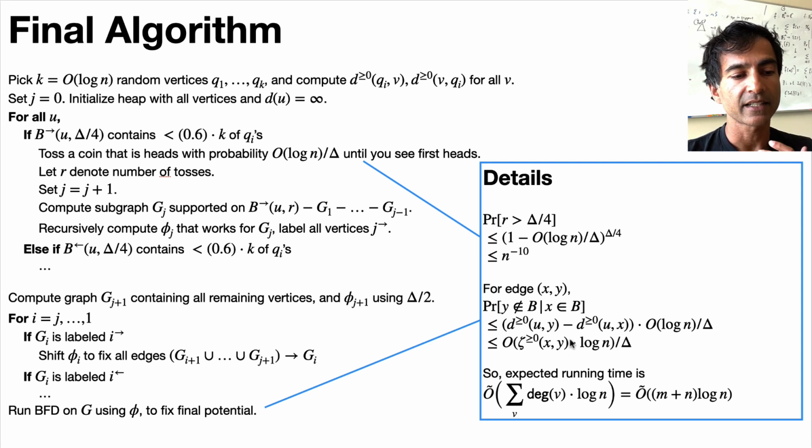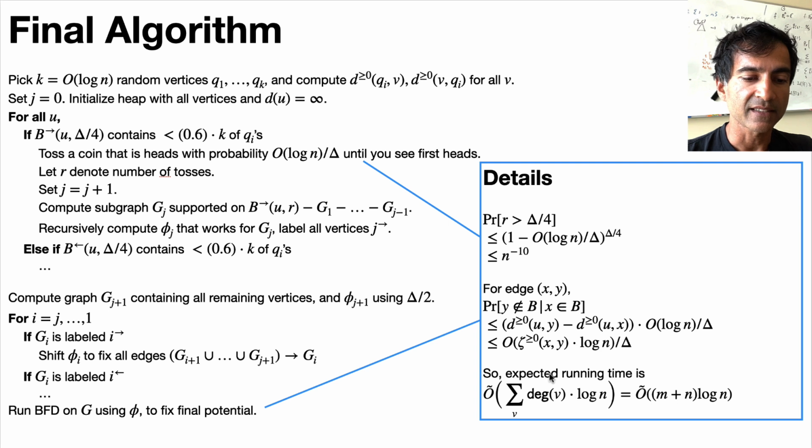And this means that even though there are many balls in this picture, for each edge xy, we just need to look at the event the first time that x is covered by a ball. What's the probability that y is not covered? And that probability is small.